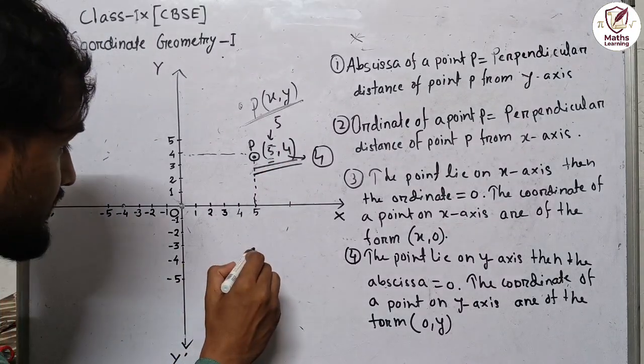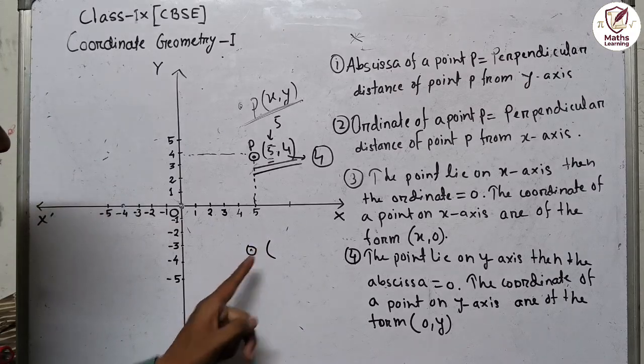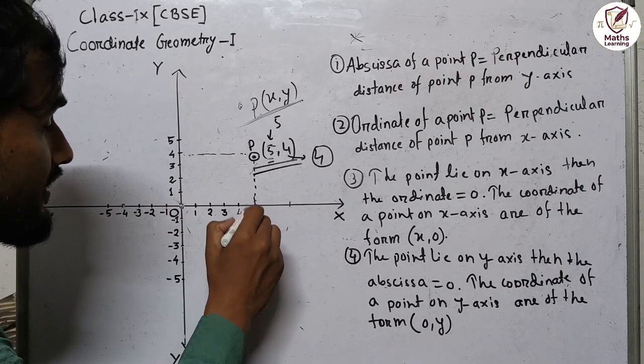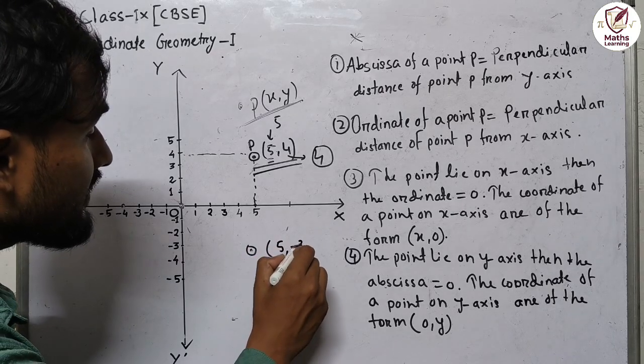I am taking another example. Suppose here is a point. To reach this point, we have to go along the x-axis in the positive direction 5 units and down 3 units. That's why it is positive 5 and negative 3.